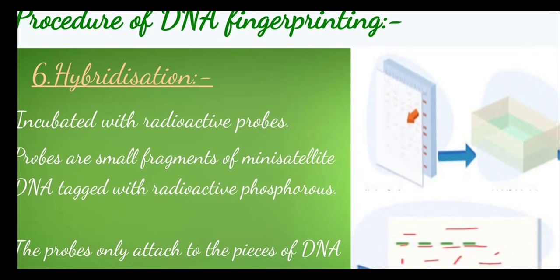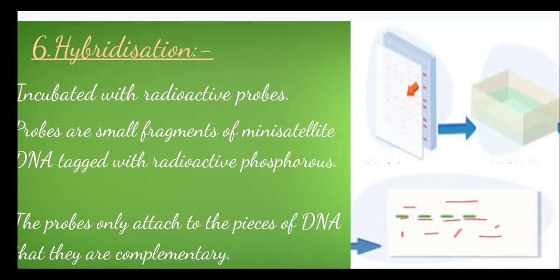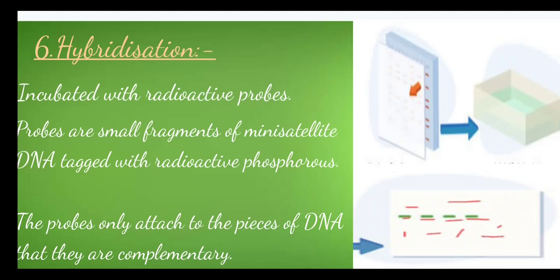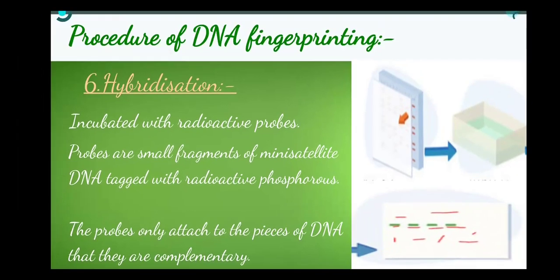As we can see from the picture, the first step is transfer of the DNA segment from agarose gel to paper, and then there is a solution which has the probe. After dipping that paper, we get the double stranded DNA in which one segment is probe and the other is non-probe, as we can see in the diagram. So this is called hybridization.